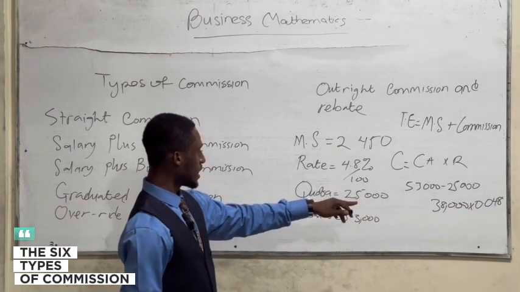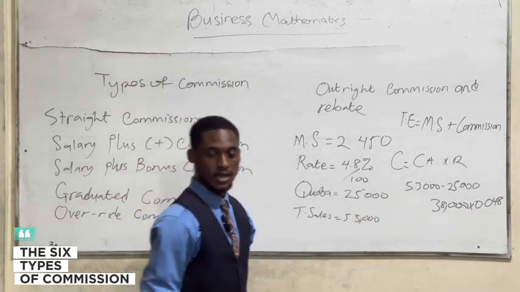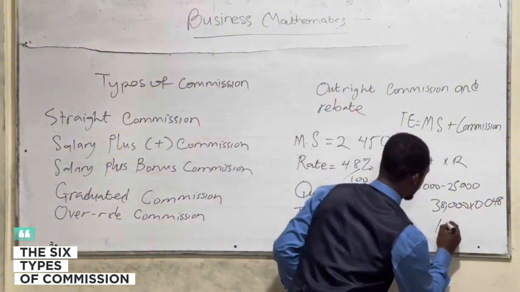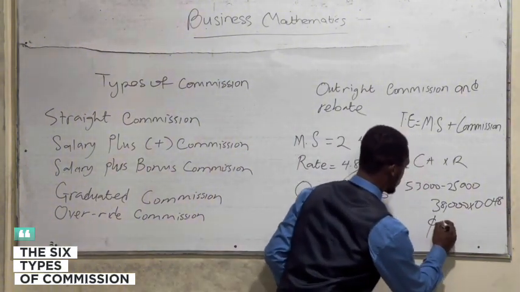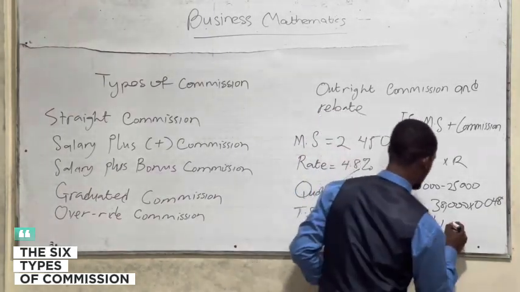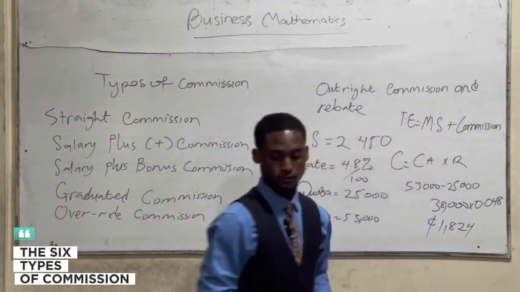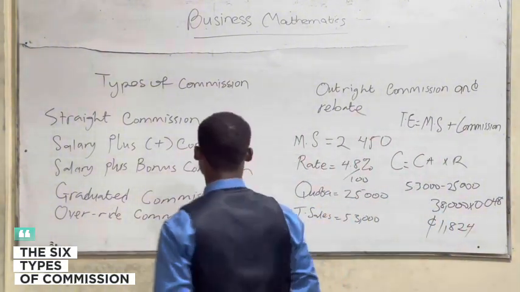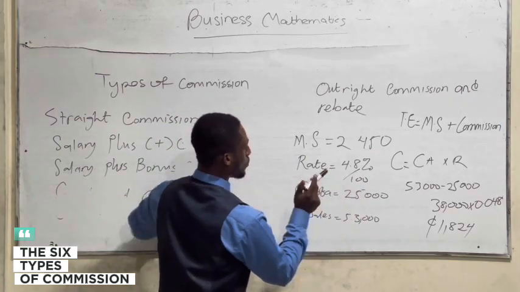So you are multiplying the commission amount by the rate and you get 1,824 cedis. And this is for finding your commission.